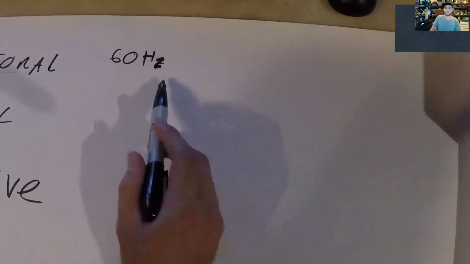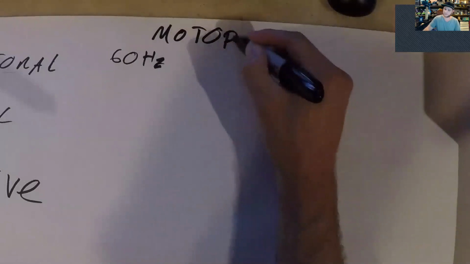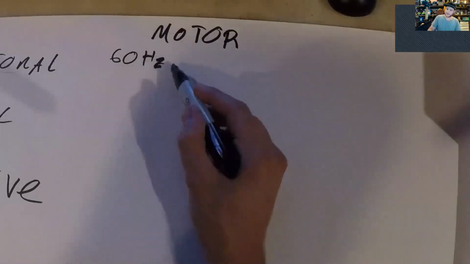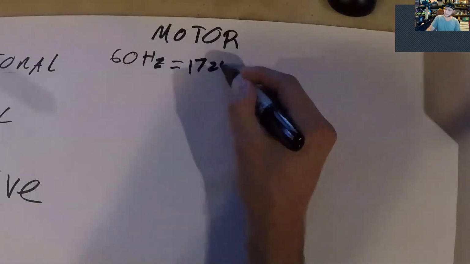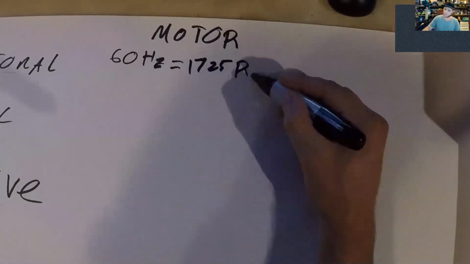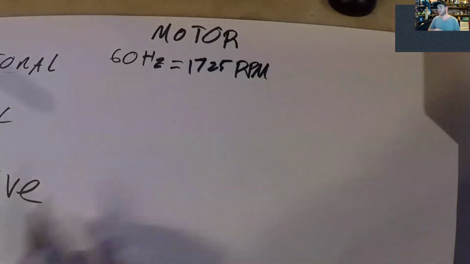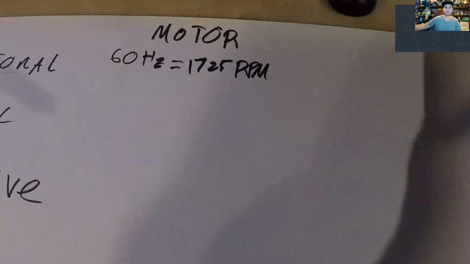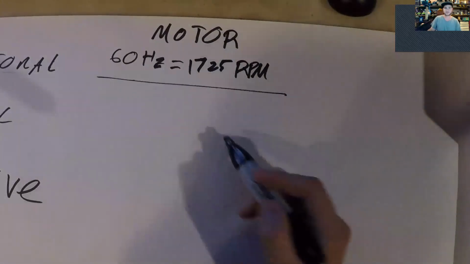That's the AC frequency input. And that should be equal to 1725 RPMs. That information is straight off the side of the motor. It has a sticker on it that gives you this information.